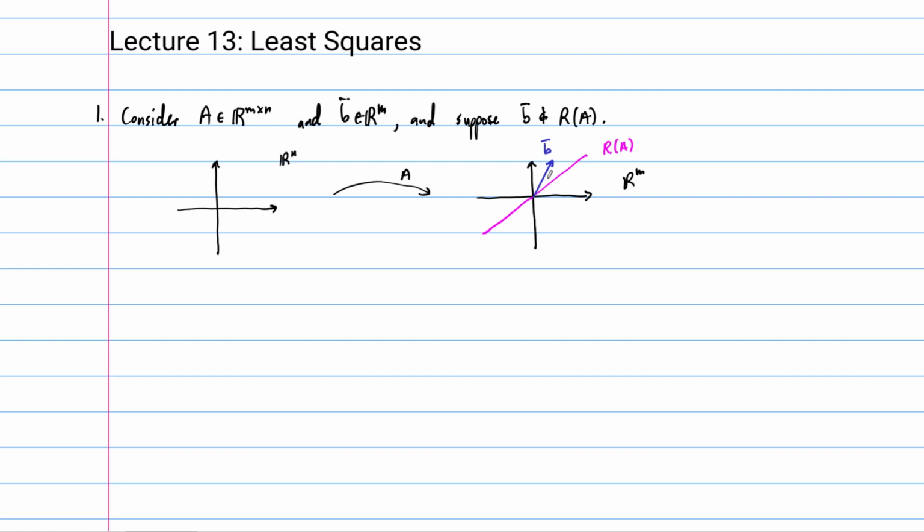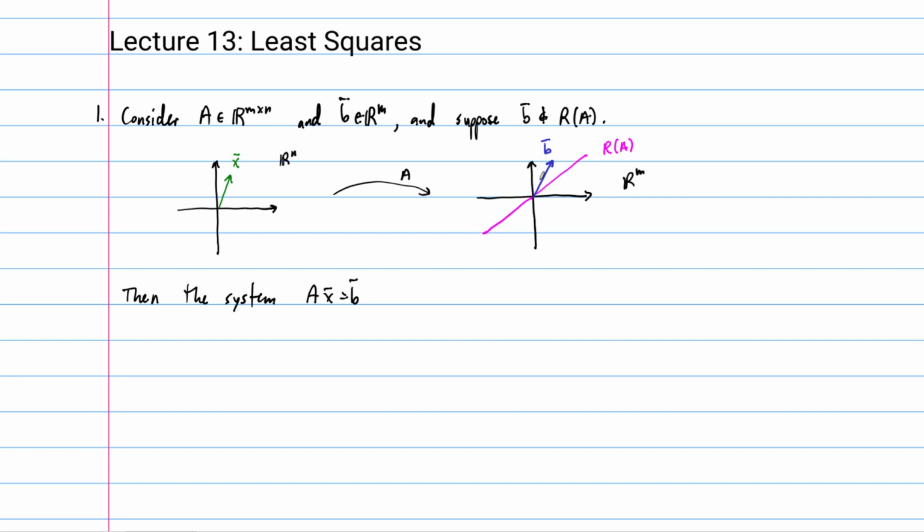In this scenario, suppose we are given the system of equations A times x equals B. This system is going to be inconsistent, because any x that comes from the domain space, let's say this one, is going to be mapped by A to a vector in R^m that lives in the image space.